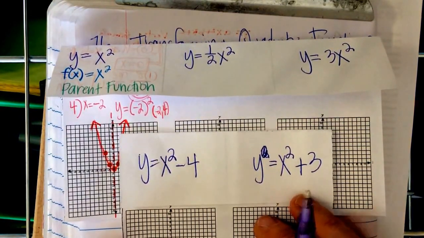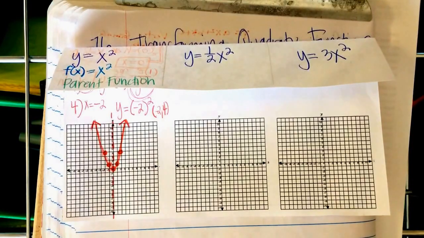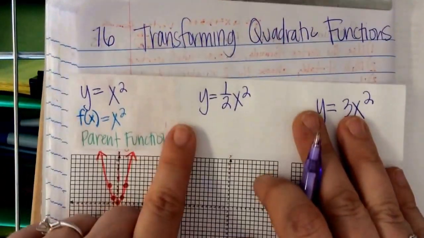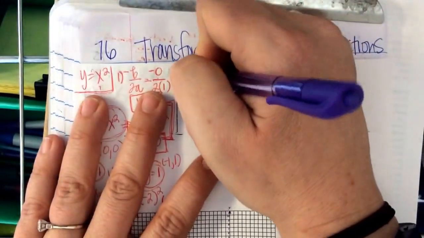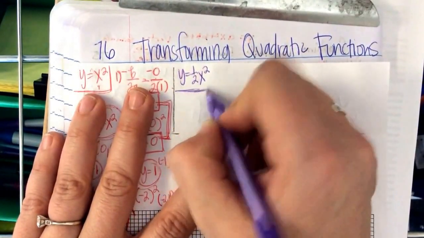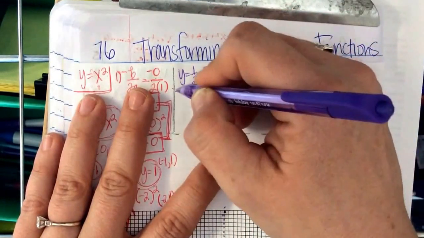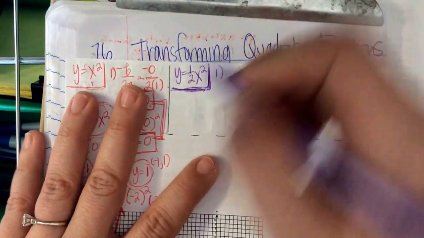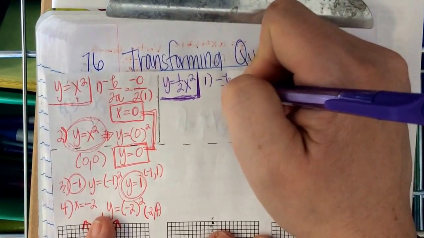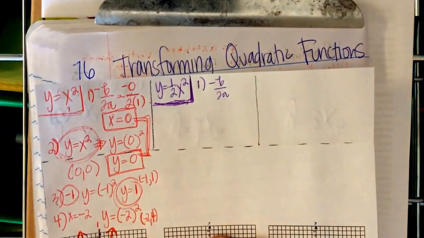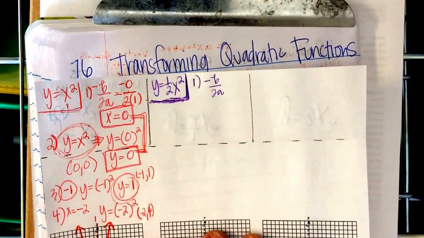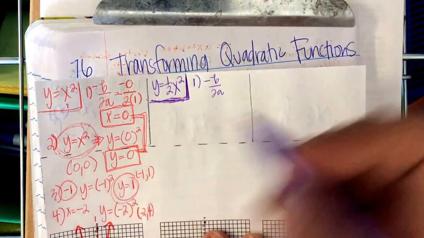Someone still need this? Got it? All right. Y equals 1/2 x squared. What do we always start with? Negative b over 2a. Every single time. Whenever you're graphing a quadratic, that's where you begin. So what's negative b? What's your b value? 0.